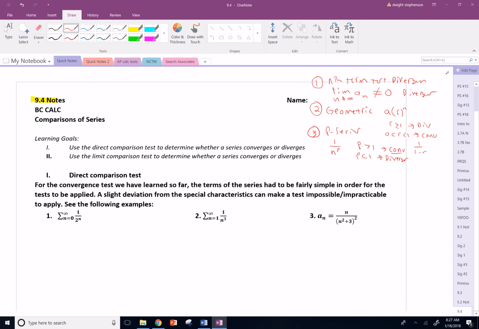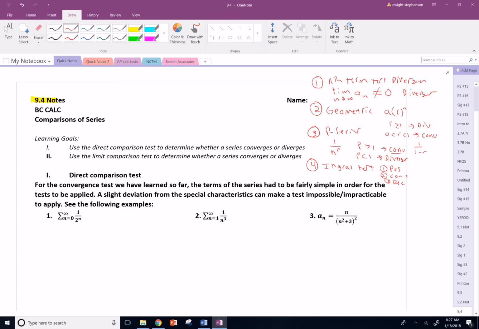And then we get into some of the more complicated things, such as the integral test, which has conditions that have to be met, right? All the terms have to be positive, the function must be continuous, and it must always be decreasing, which requires you to take a derivative. It's very involved.